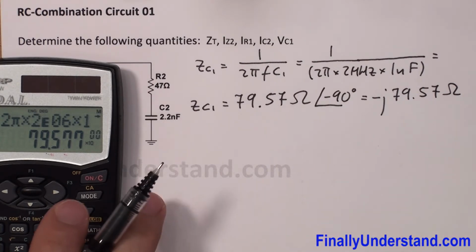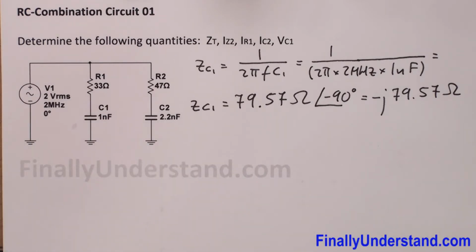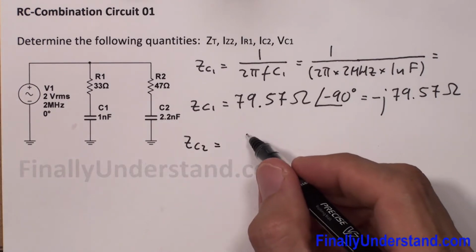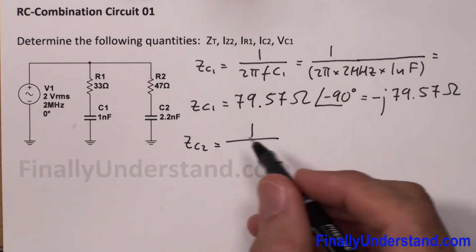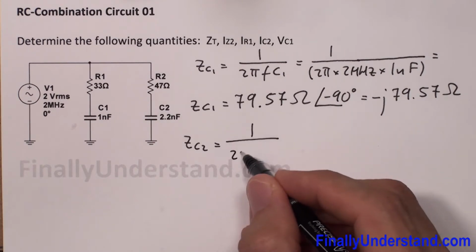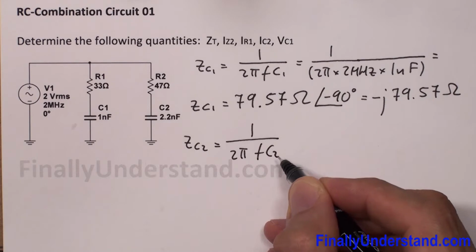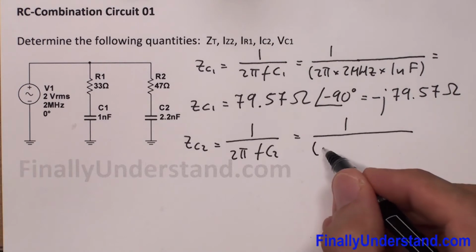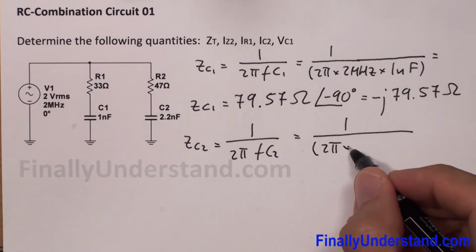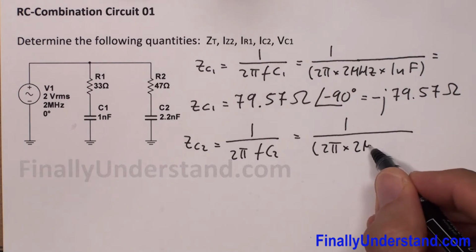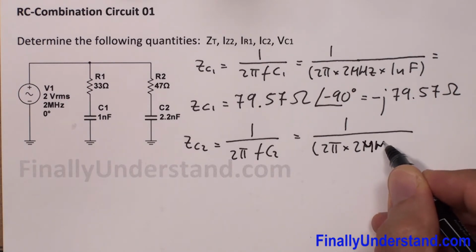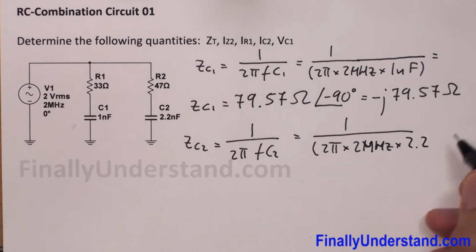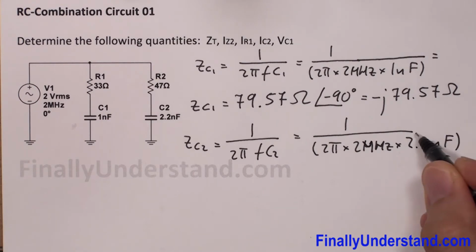Next, we're supposed to find ZC2. I'm going to write the formula again, equal to 1 over 2 pi F C2, and this is equal to 1 divided by, open parenthesis, 2 pi times the frequency 2 megahertz times the capacitance 2.2 nanofarads.